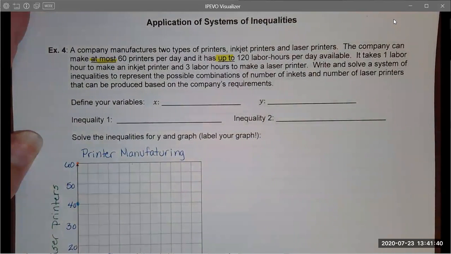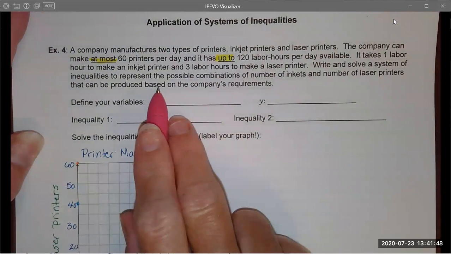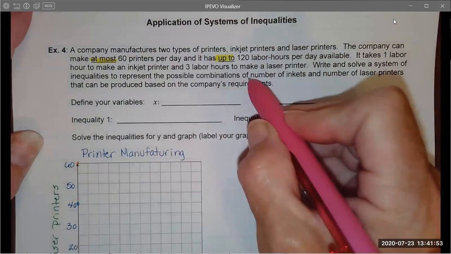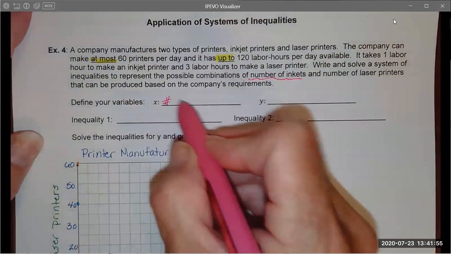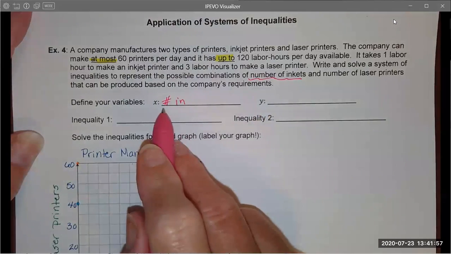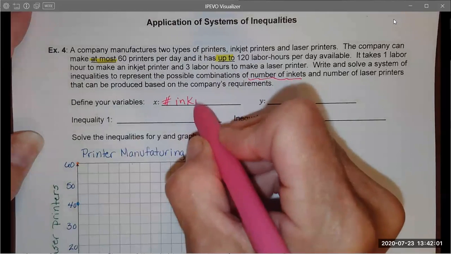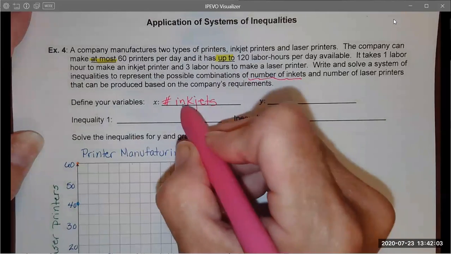Whew, that's a big problem. All right, so let's first define variables. I do that by looking to see what the question is asking me to do. It's asking me to represent the number of inkjets, so I'm going to do that. Whether I make this the X variable or the Y variable will not matter. You'll get similar solution sets.